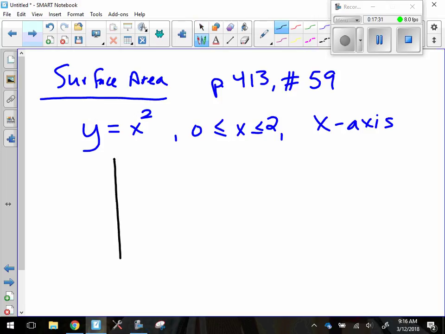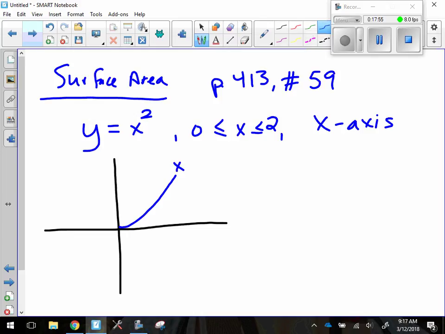So, always good to start by drawing a picture. Y equals x squared is a what? It's a parabola. Okay. So there's my parabola.